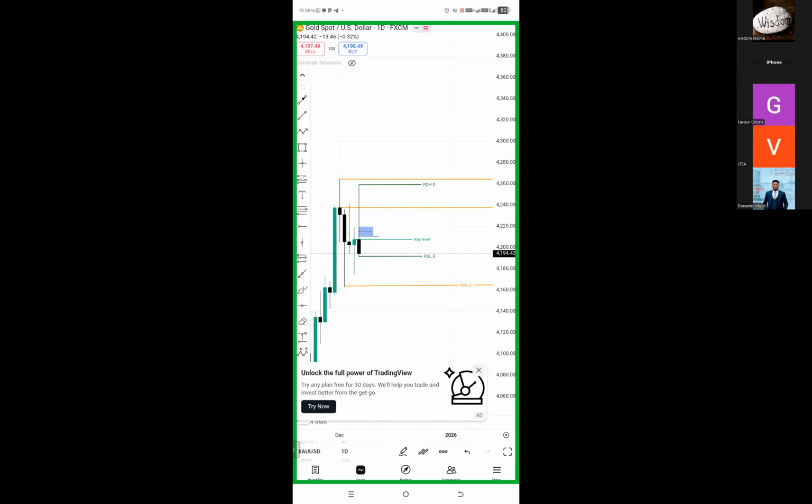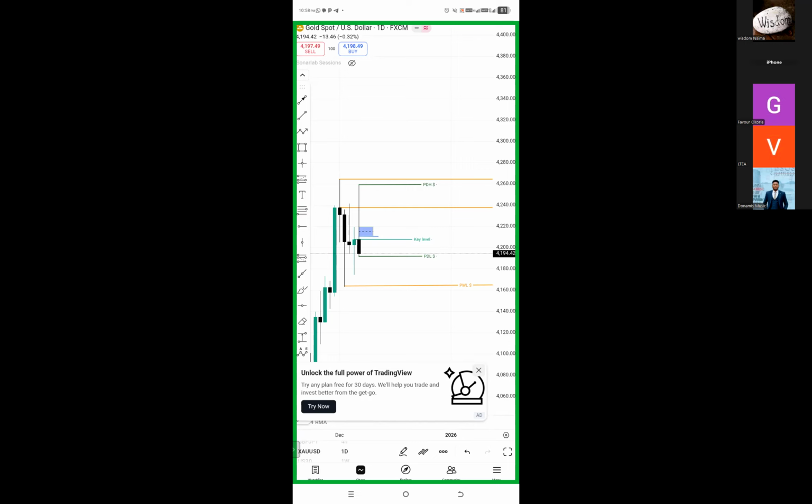Do you guys understand? Those are things you have to be aware of, so that you will not miss the opportunity when it comes. Because again, if price opens and takes out some liquidity, maybe you might not catch the buy, but you want to prepare to catch the sell.